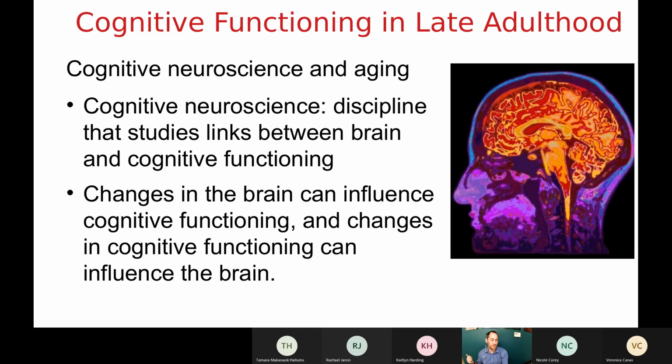Another example of this is your circulatory system. If your blood vessels are shrinking and harder, you're not going to get as many nutrients to your brain. That's going to impact your cognitive functioning.